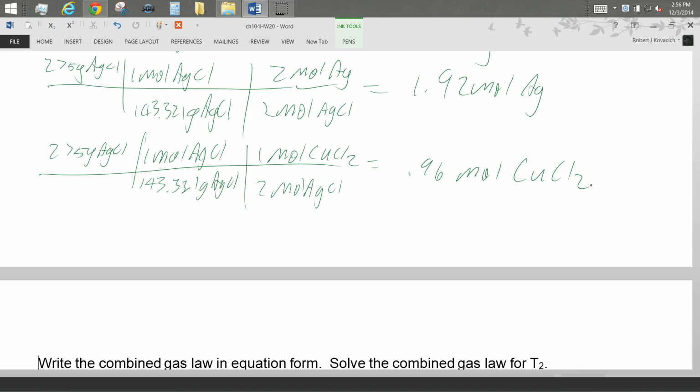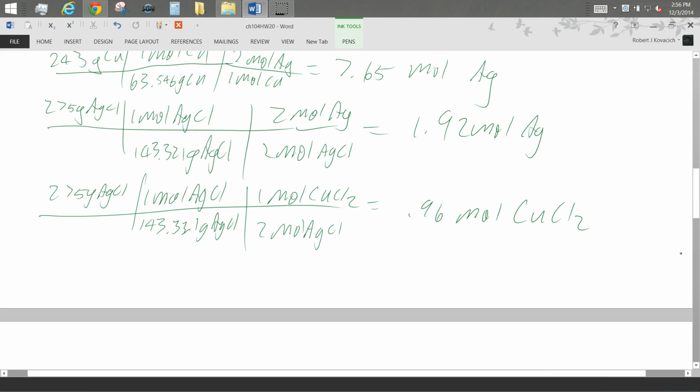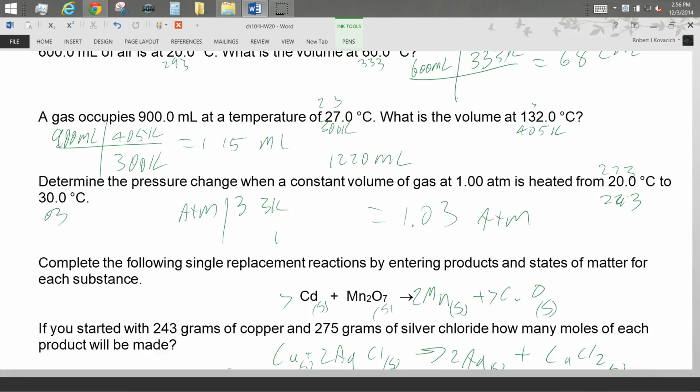We just stopped these railroad tracks one step early, right? So what are you missing from that question? Oh, it should have been copper and silver chloride right there.